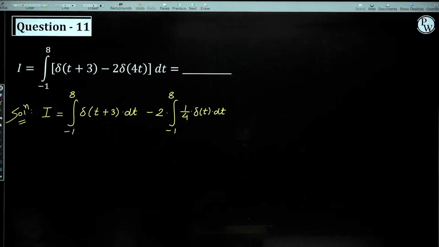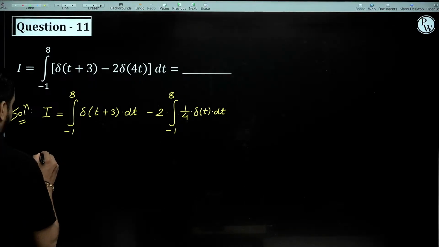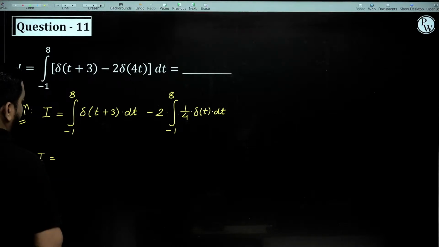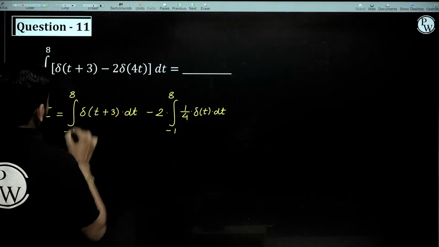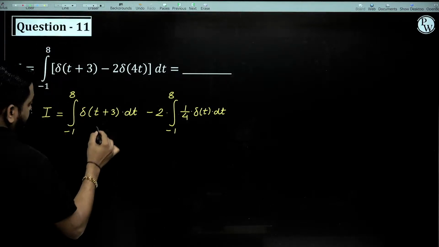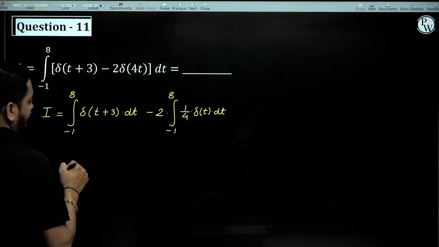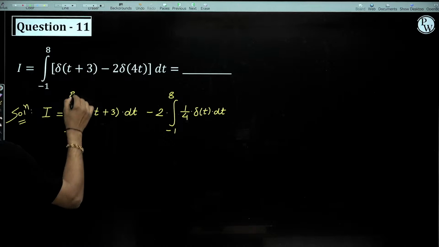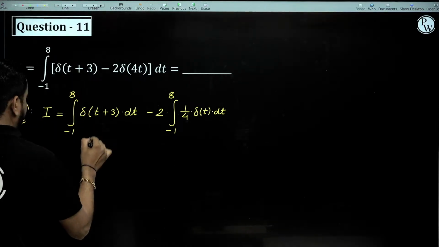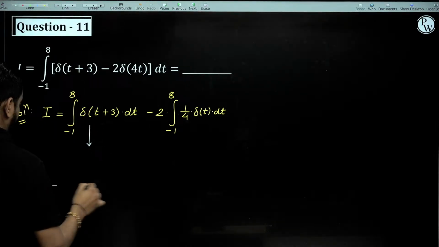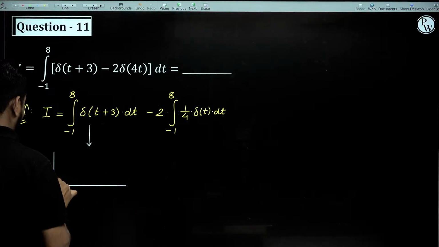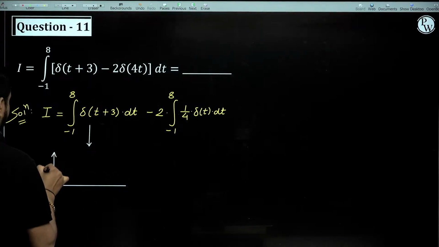So minus 1 to 8 del t plus 3, and minus 1 to 8 1 by 4 del t dt. Now here, you can see the impulse is present at t equal to minus 3, and you are doing integration from minus 1 to 8, guys.